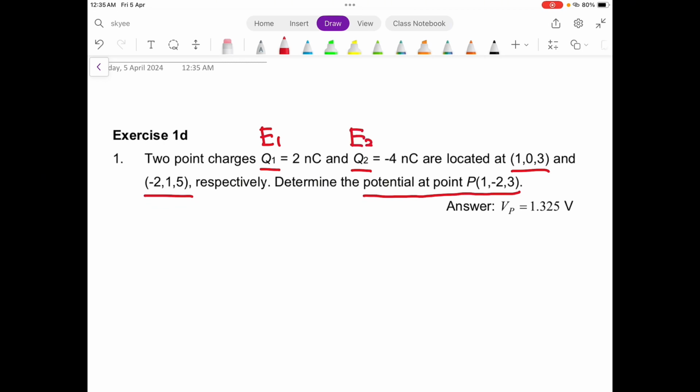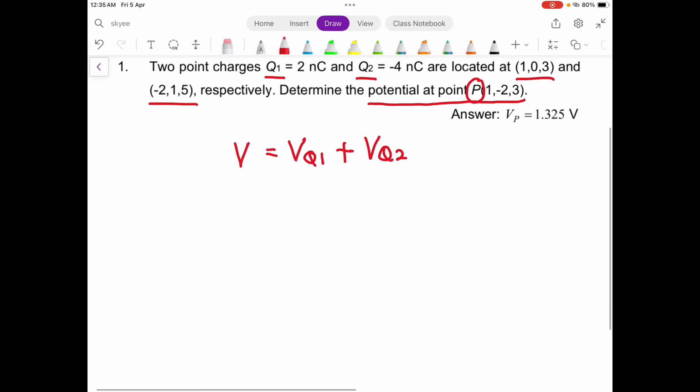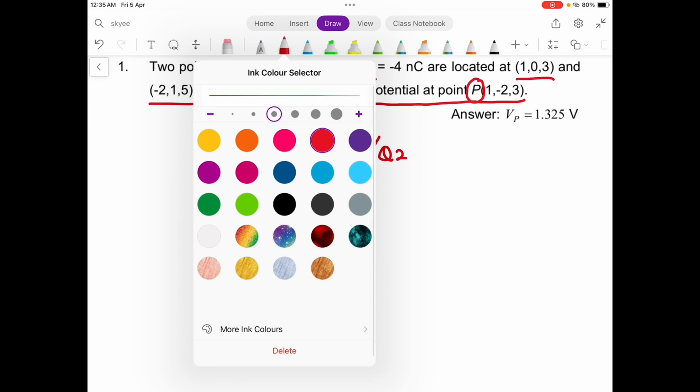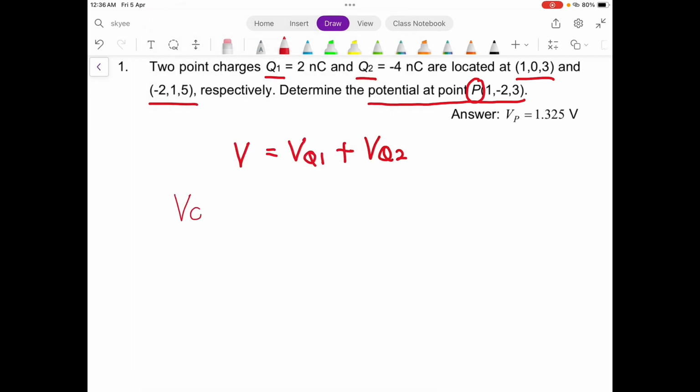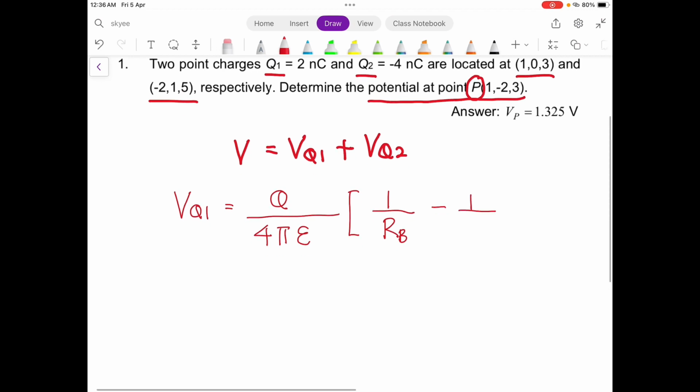So the potential at the observation point P will be the summation of the potential due to Q1 and the potential due to Q2. Let's look at the potential of Q1. The equation will be Q divided by 4 pi epsilon, times 1 over R B minus 1 over R A.